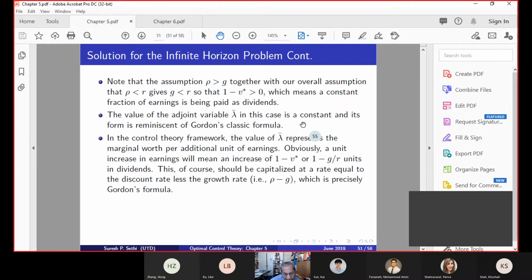The Gordon's formula in finance was put forward by Myron Gordon. Myron Gordon was a colleague of mine at the University of Toronto. He was at one time a professor in Rochester, and then he became president of the American Finance Association.